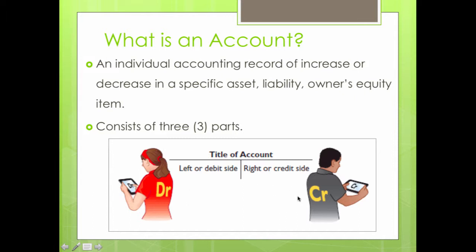That is it. Debit is left, credit is right. Left for debit, right for credit. Now also please note that debit is abbreviated as DR and credit is abbreviated as CR. Okay?